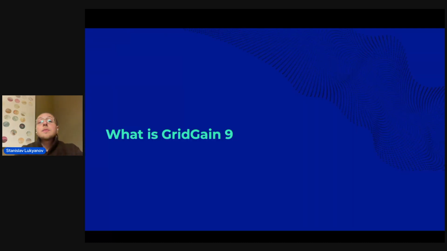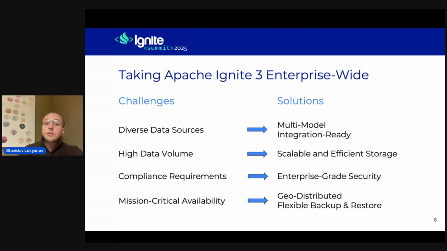So let's start by talking about what is GridGain and what is that new GridGain 9 version. And to that, let's begin by talking about what you need to get Apache Ignite in production enterprise-wide. First, you would need to be able to connect to different data sources.